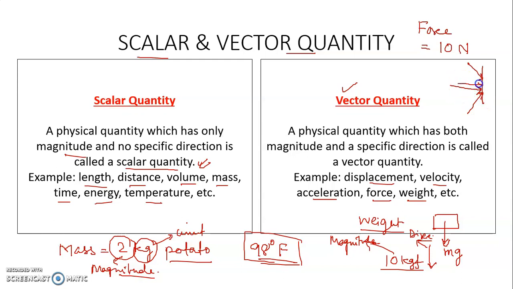There are multiple ways in which you can apply the force on a wall. So this is an incomplete information. You have to mention the direction also. So every physical quantity which has magnitude as well as direction is known as a vector quantity. I hope it is clear to you.